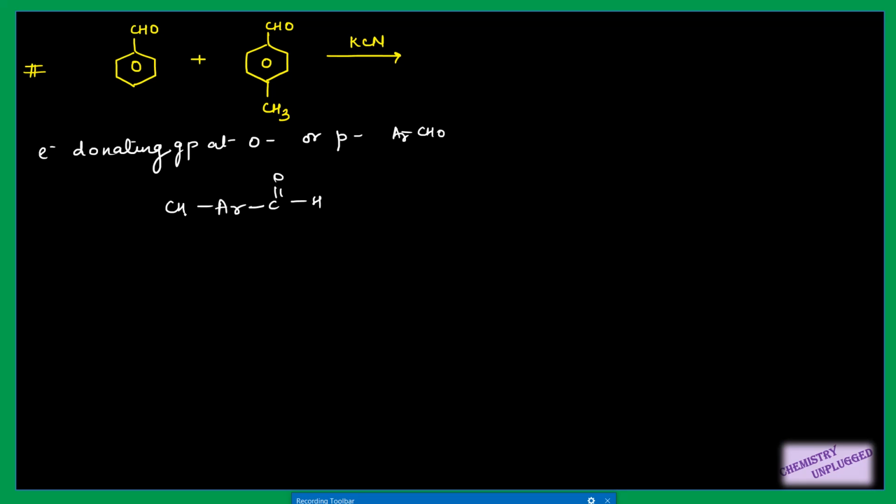Suppose I have CH3 here, it will provide electrons to this ring, meaning it makes this carbonyl carbon more electron rich. What we want is that CN should attack on this carbon. If this carbon already has higher electron density, then CN cannot easily attack on it. So the rate of reaction decreases if I have an electron donating group at the ortho or para position.